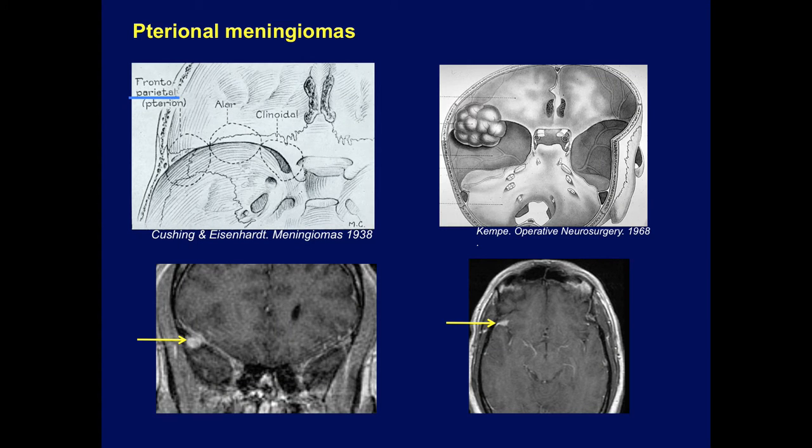Okay, now let's move to the outer part of the ridge called pterional meningioma. Here's a very unusual case of a tiny pterional meningioma, incidentally seen on an MR study.